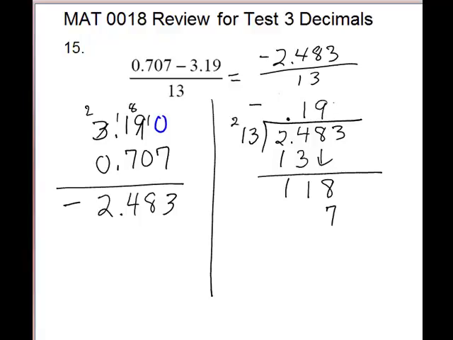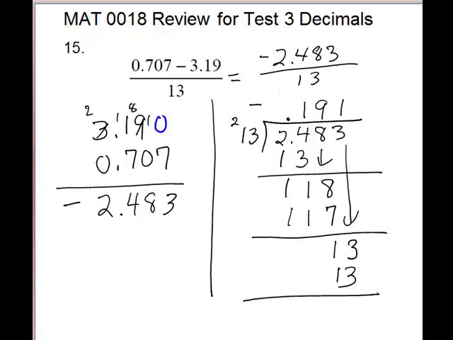We have to carry. 9 ones are 9, 10, 11. Subtract. Bring down. And divide again. 13 into 13 goes one time. So this one ends even. So negative 0.191. If you wrote the 0 in front, that is also correct.